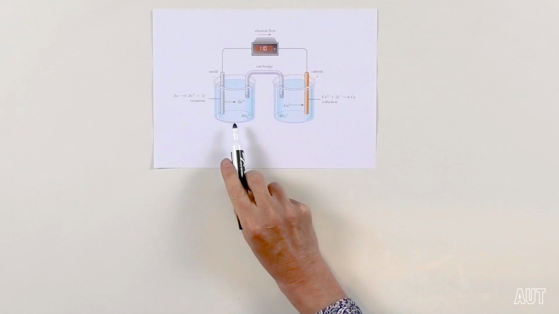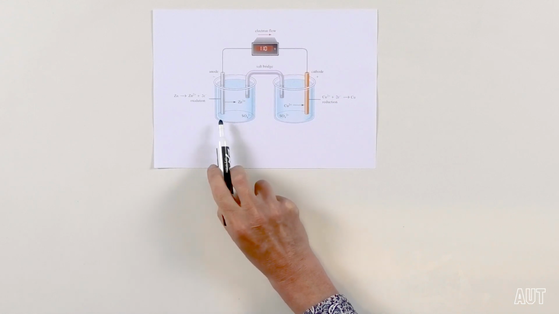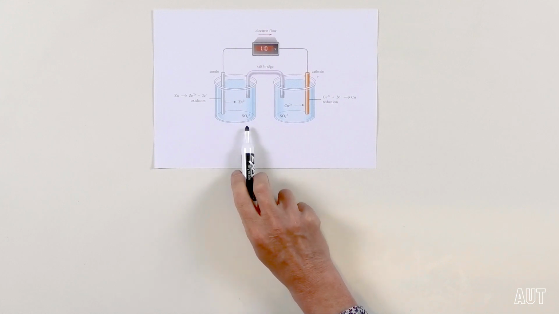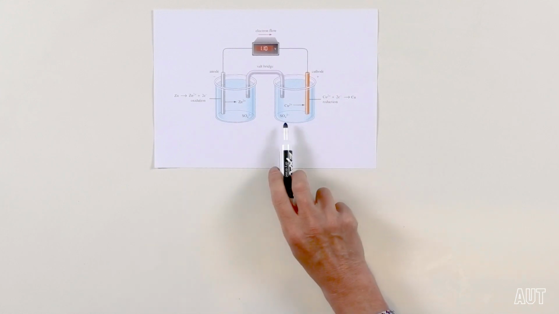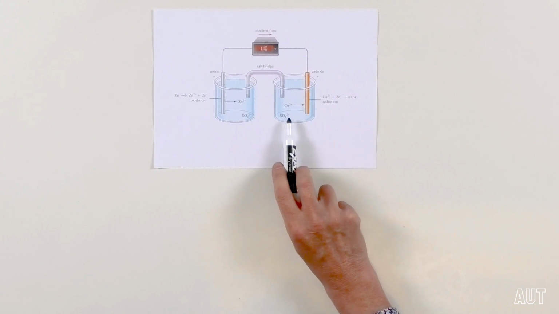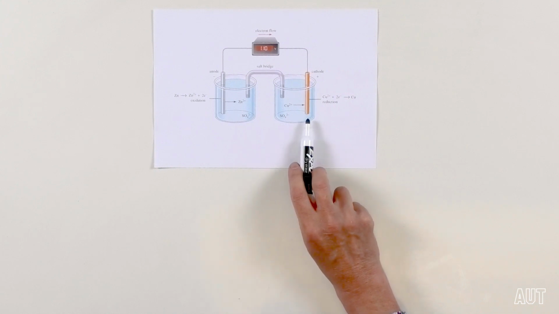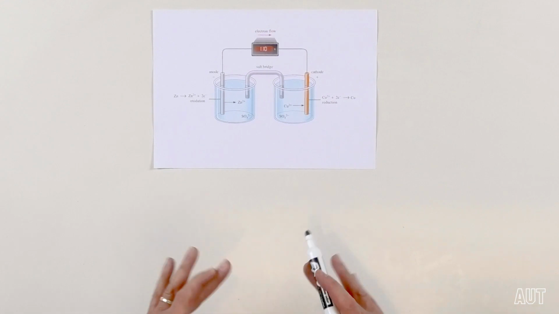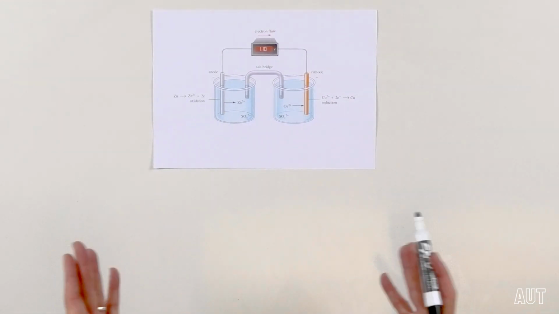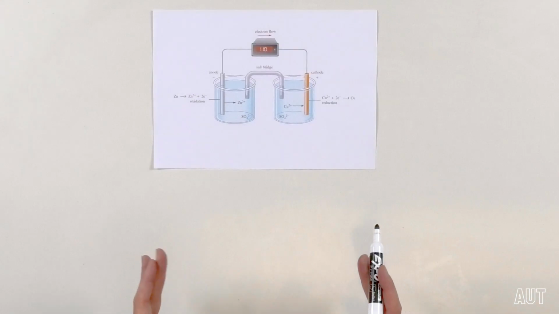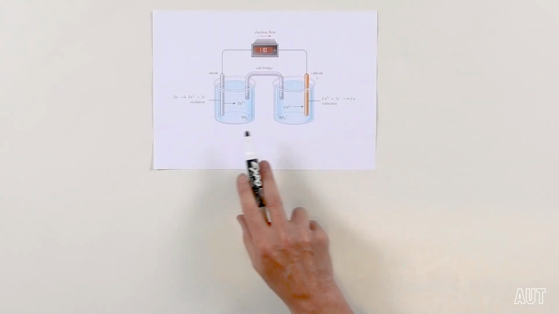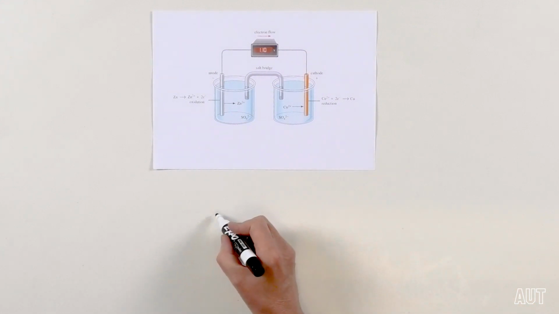So what we've got happening here is, at this particular electrode, we have got solid zinc going to zinc 2+, and at this particular electrode here, we've got copper 2+ going to copper. Okay, so those are our two, let's call them half equations, because that's essentially what they are. Okay, and so the shorthand way of writing this now is going to be this.